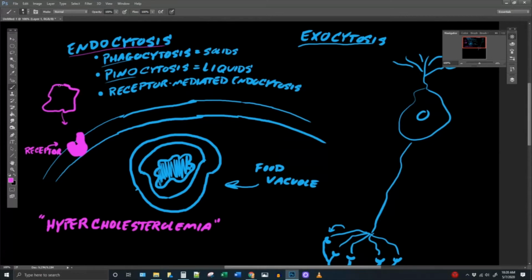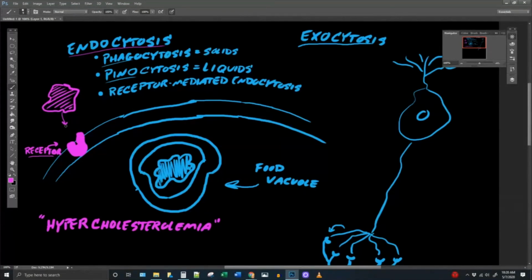So because they don't detect them, they don't pull those cholesterol-carrying molecules out of the bloodstream, and they end up with much higher blood cholesterol levels than they otherwise would, because they fail to make the receptor that triggers endocytosis for cholesterol-carrying lipoproteins. So that's a good example of that there.